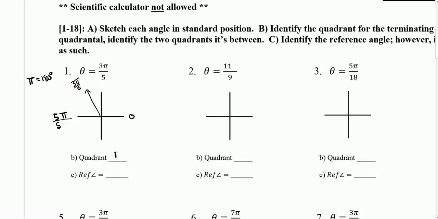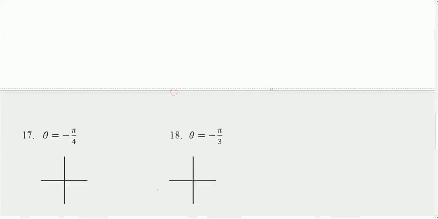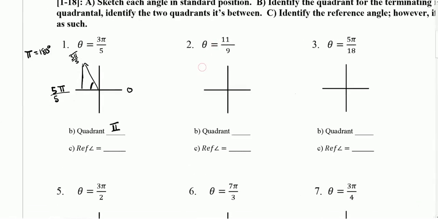So we're in quadrant 2, and then our reference angle is the difference between 3 pi over 5 and 5 pi over 5. Well, 5 minus 3 is 2, so we get 2 pi over 5 is our reference angle.